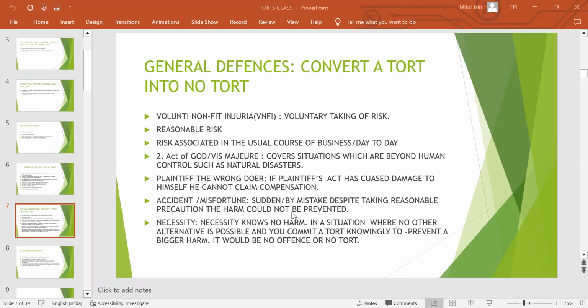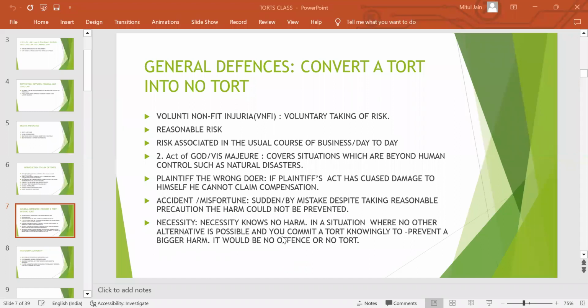Now, suppose another situation. There is a very old clock tower in your city.